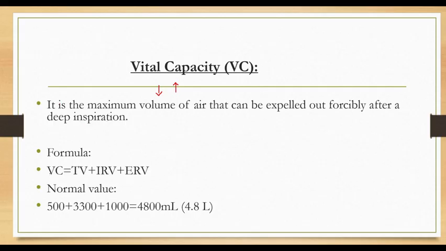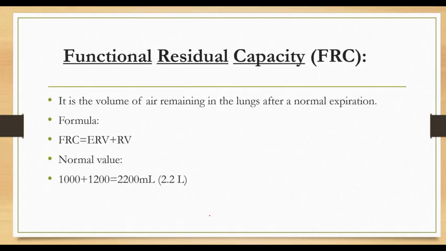Here is the formula: VC equals TV plus IRV plus ERV. VC vital capacity, TV tidal volume plus IRV inspiratory reserve volume plus ERV expiratory reserve volume. Normal value 500 plus 3300 plus 1000 equals 4800 ml, that is 4.8 liter.